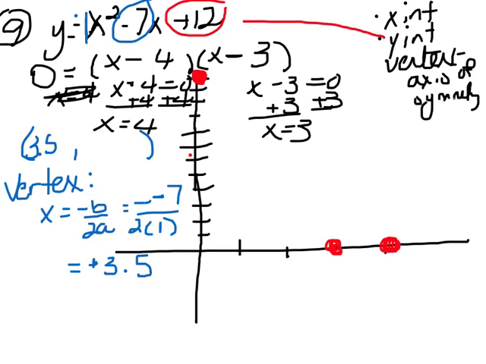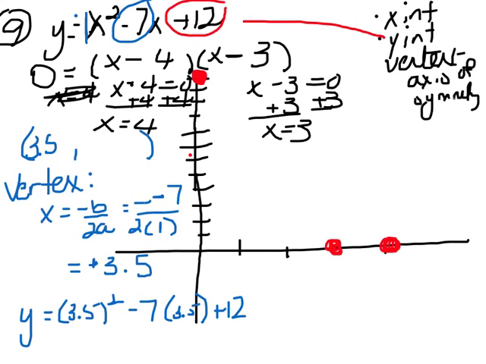If I want to know the y value, I've got to plug that x in to find the y value. So y equals x squared minus 7x plus 12. We're probably going to want our calculator here because we're going to square 3.5. You can type that in your calculator: 3.5 squared minus 7 times 3.5 plus 12.